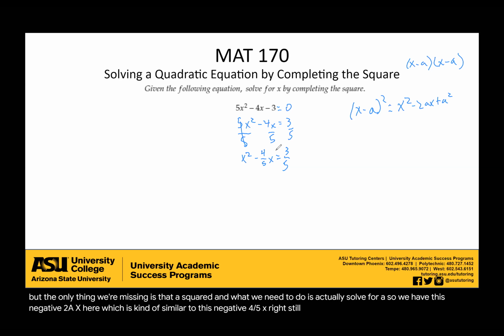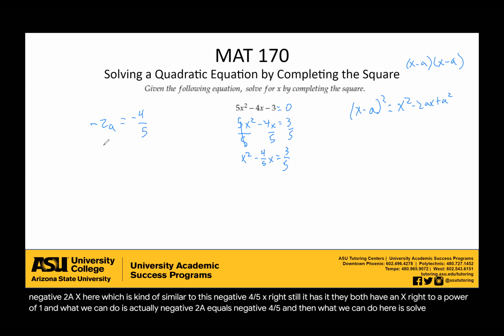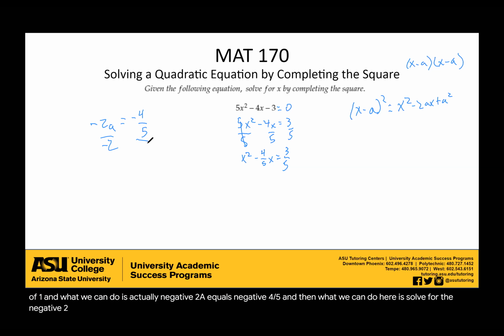They both have an x to a power of 1. So we can set them equal: -2a equals -4/5. Then we divide all of this by -2, and we get that a is equal to positive 2/5.